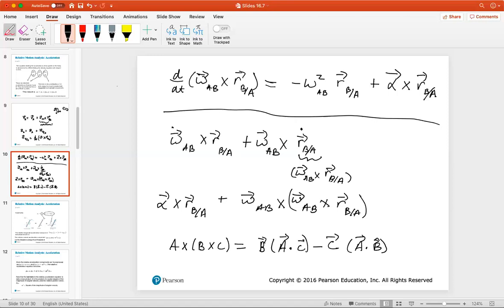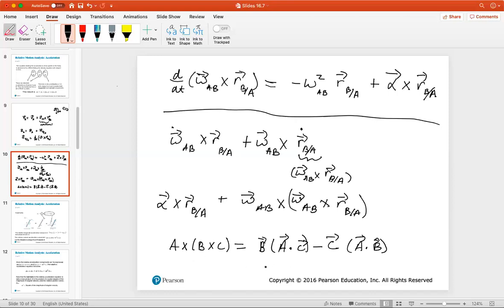Hopefully that's something they showed you in Calc 3 or linear algebra. It's called the vector triple product. Usually if you do a search for vector triple product, you'll get a list of dot product stuff and whatever. Anyways, this will pop up too.